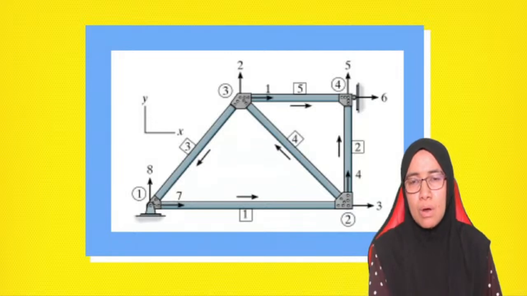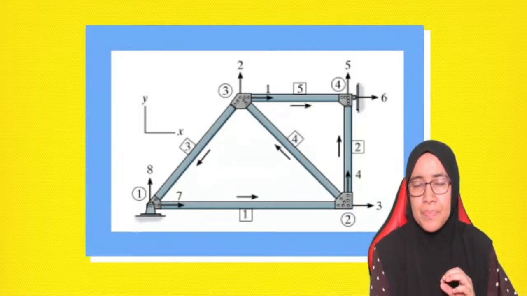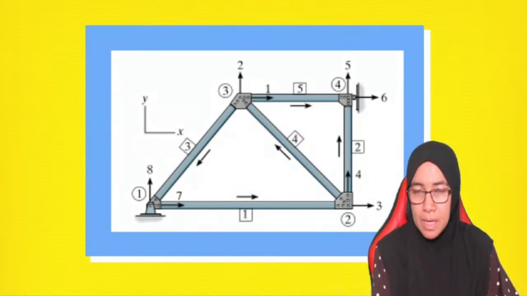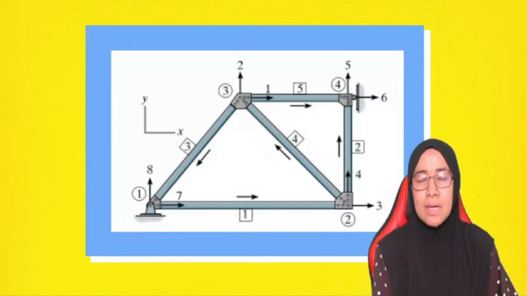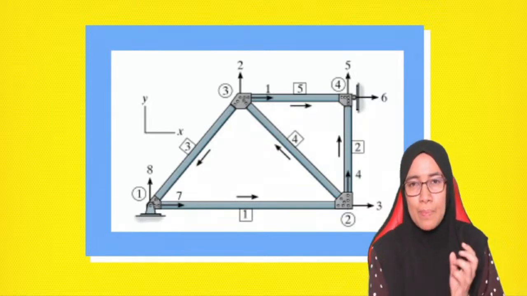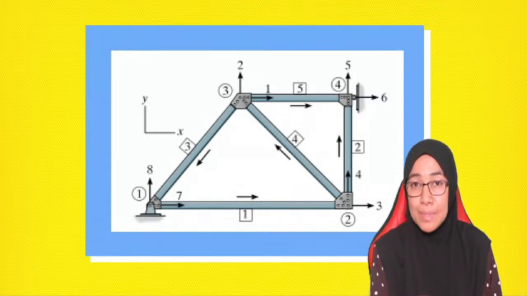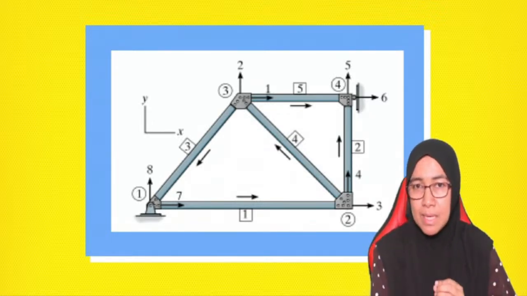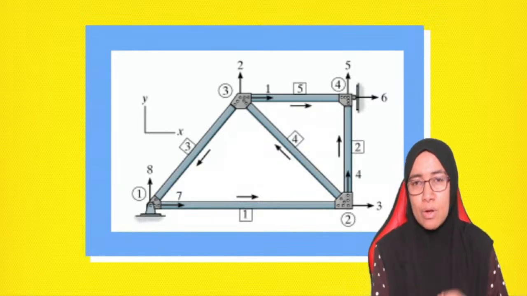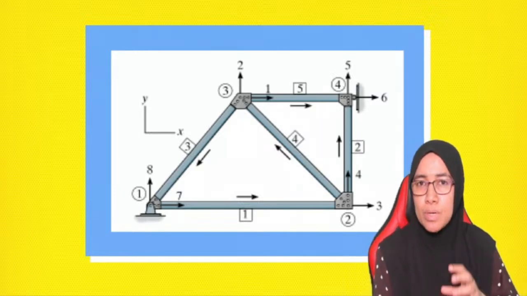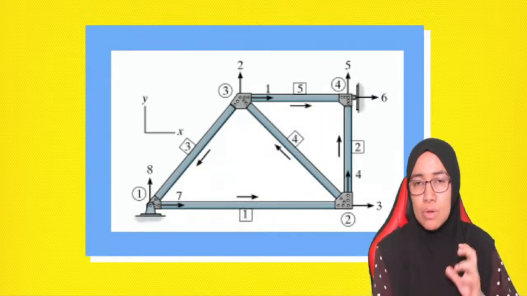We do not call nodes by ABC form; that is for joints, the conventional way. But in the stiffness method, we replace joint with node. It is the same thing, joint and node, but we call it node. And for nodes, we normally put the number referring to the nodes.